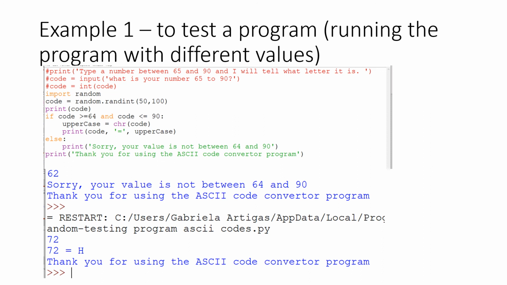Uppercase equals the character of the code, so we typecast the code to convert it to a character, and then we display the code that was generated randomly by the computer, equals, and then the uppercase letter. Else, we're going to display, sorry, your value is not between 64 and 90, and then thank you for using, regardless of whether the code was within the range or outside the range.